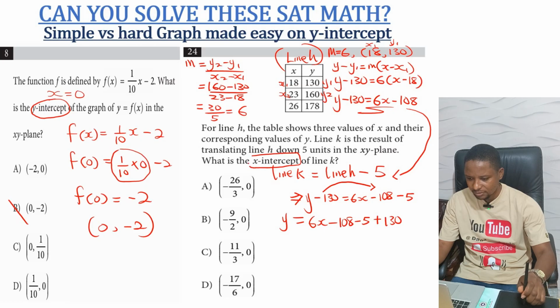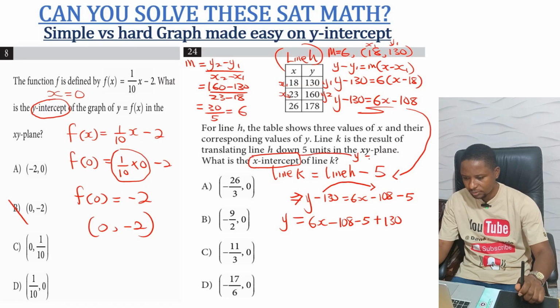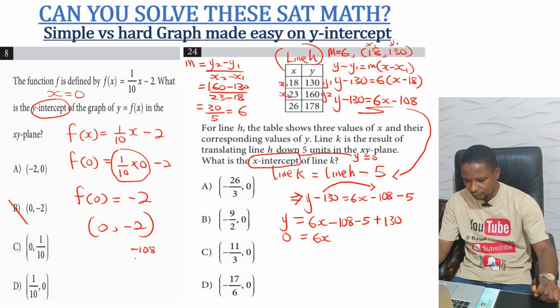And x-intercept means your y equals 0. So I'm going to substitute y equal to 0 here, and if I do, I have 0 equal to 6x, negative 108 and negative 5. This will give you 113 negative.